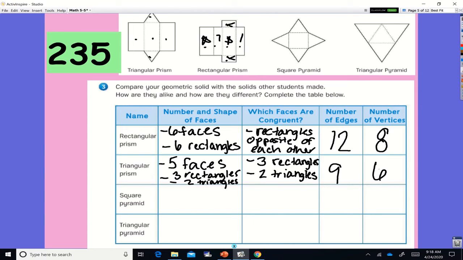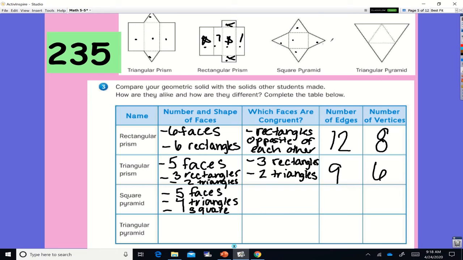Now, square pyramid. I look at my square pyramid. I have 1, 2, 3, 4, 5 faces. I have 4 triangles and 1 square.